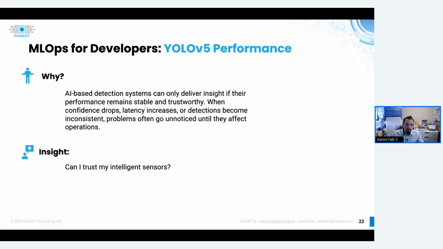The reason we want to do this is that AI-based detection systems can only deliver insight if the performance remains stable and trustworthy. When confidence drops, latency increases, and detections become inconsistent, problems often go unnoticed until they affect operations. So the goal here is essentially to see issues before our customers see the issues. And the insight is, can I trust my intelligent sensors?